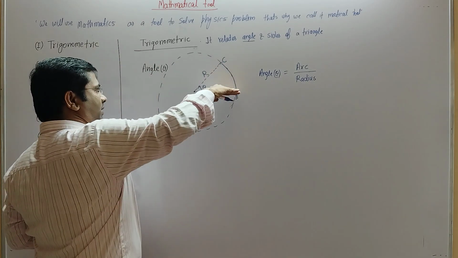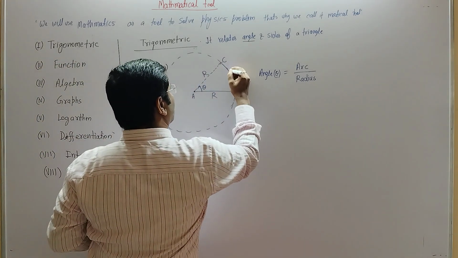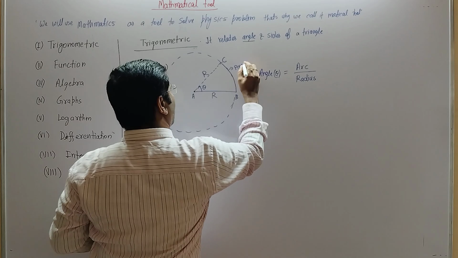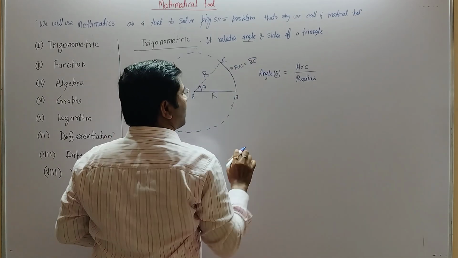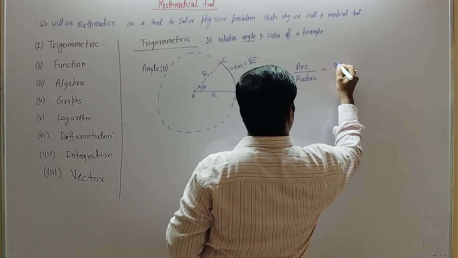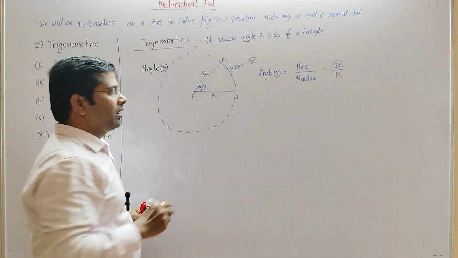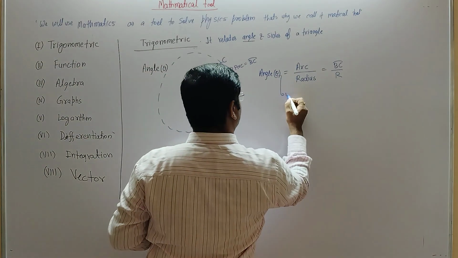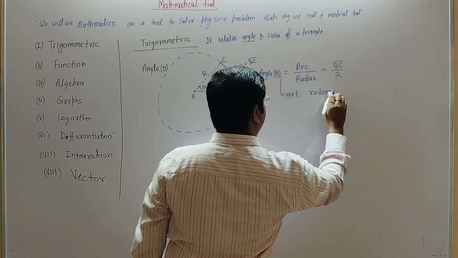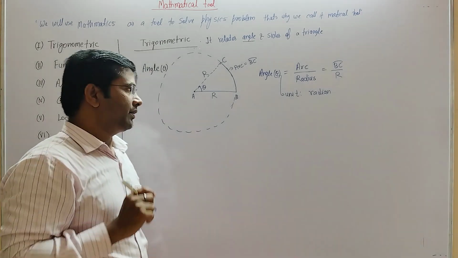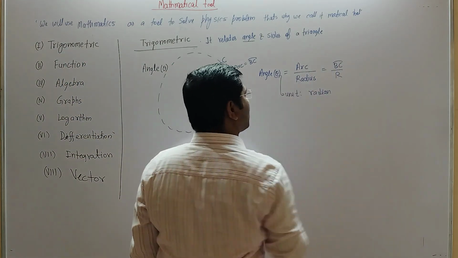B is shifting to point C, so this BC is the arc, and we write it like this, arc BC. So theta is arc BC upon radius. This is how the angle is defined. Now the unit of this angle is radian. In short, we always write RAD.